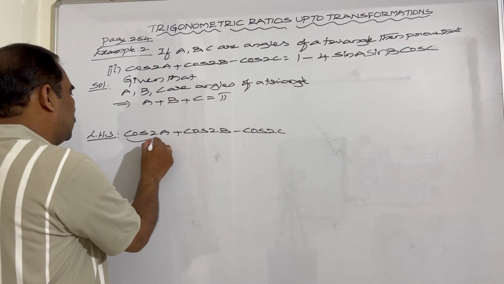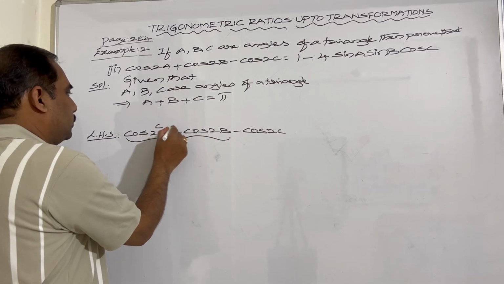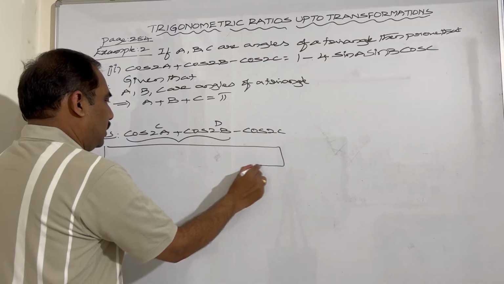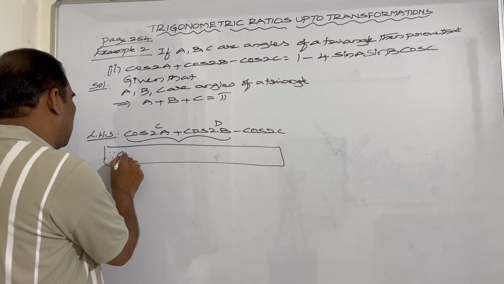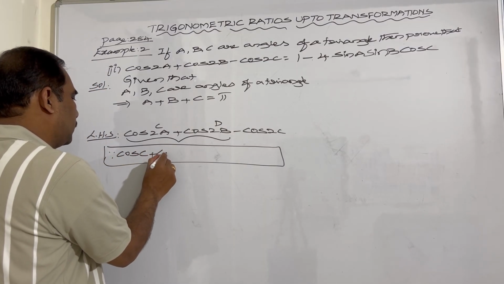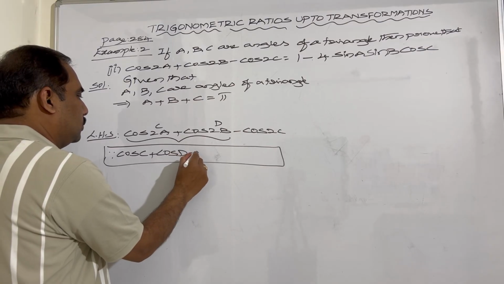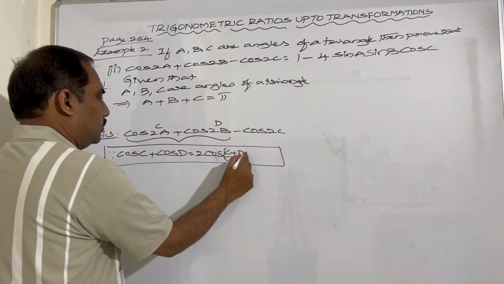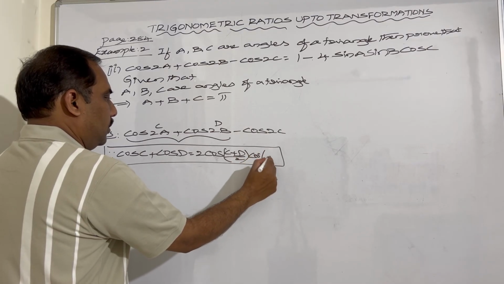Now here, if you observe the first two terms, they are like cos C plus cos D. We have the formula: cos C plus cos D is equal to 2 cos of (C plus D) by 2 into cos of (C minus D) by 2.